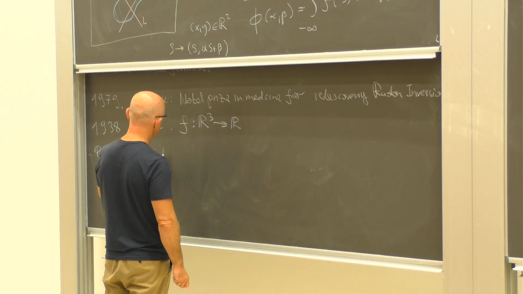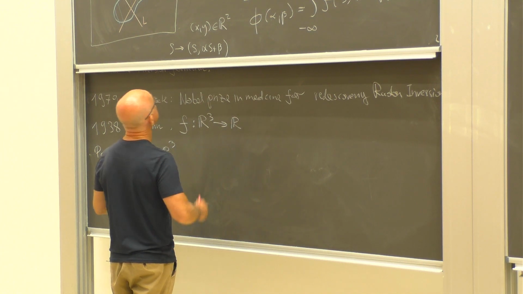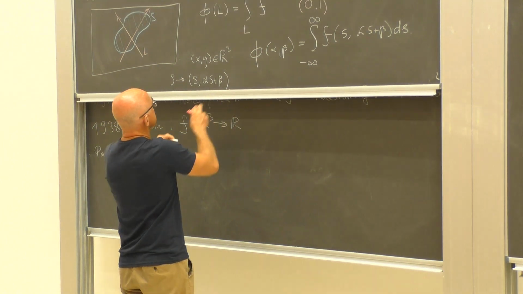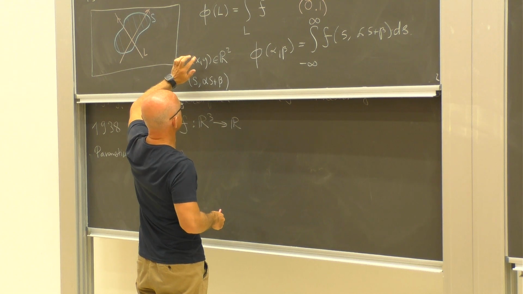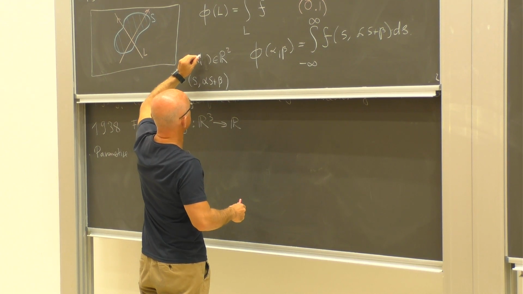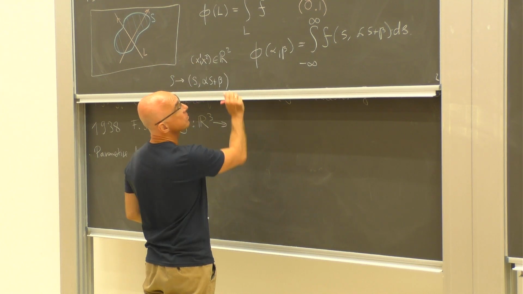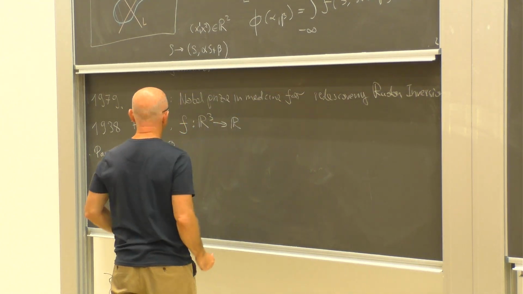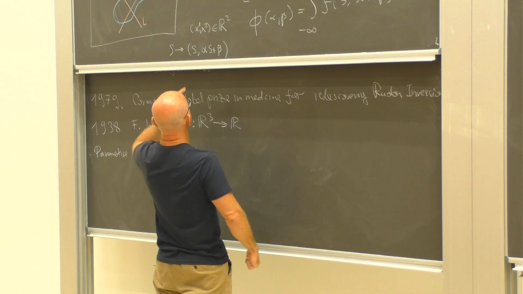in R3. So maybe, sorry, I'll be changing my notation as I go along. Maybe instead of calling this x and y, I'm going to call this x1 and x2. And that way I can call this x1, x2, and x3.